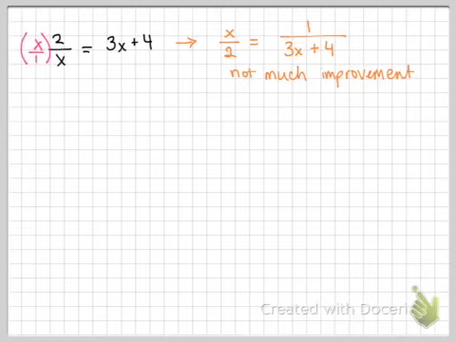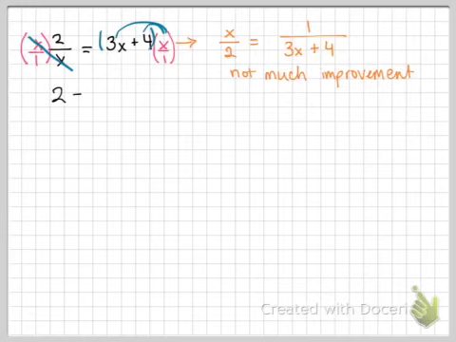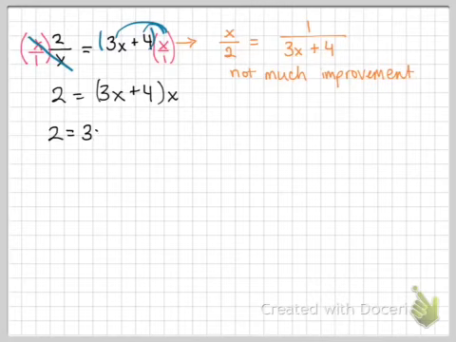I'm going to multiply both sides of this equation by x. Now notice on the left side, the x's are going to cancel out, and on the right side, I'm going to end up distributing the x. So on the left side, I'm left with a 2, and on the right side, I have 3x plus 4 times this quantity x, which I can distribute to have 3x squared plus 4x.